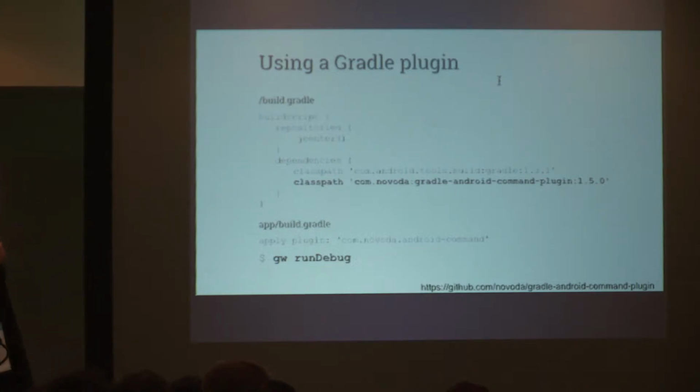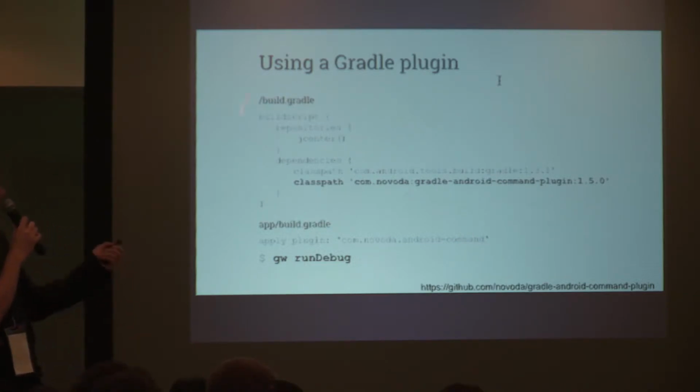Here we just pull in this plugin, the Android command plugin made by Novoda, and it's open source. You can check out the code, do some PRs. It's just a thin wrapper around ADB, and it's just a matter of adding a dependency for this plugin and then applying the plugin, and then you have a lot of new tasks that you can use. So here, for instance, you can use gw run and run the debug build.